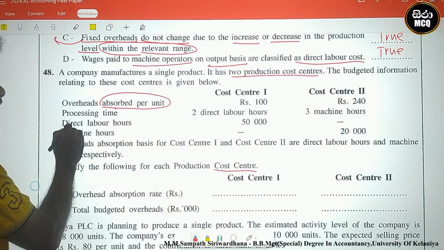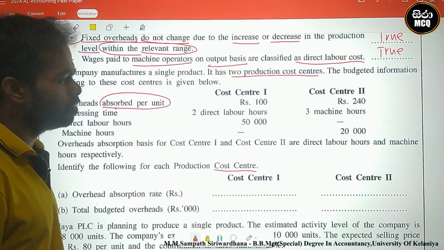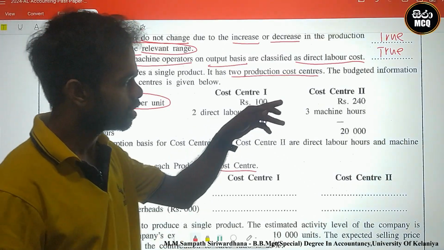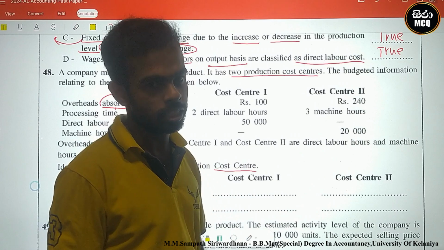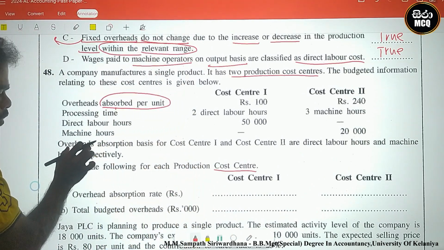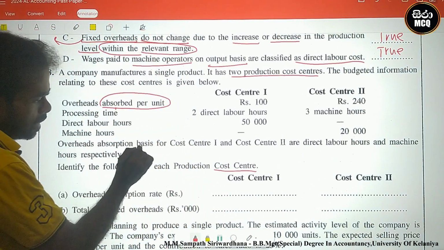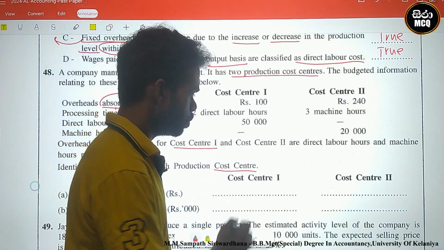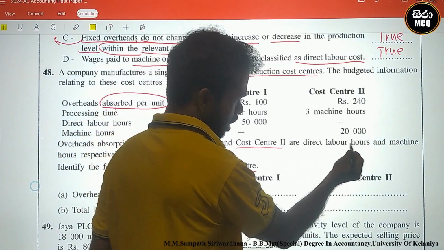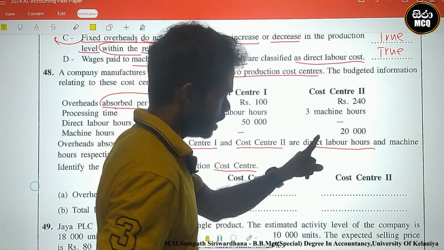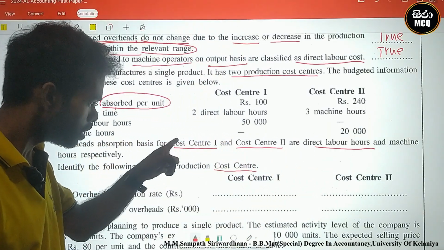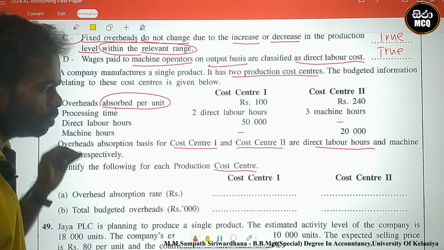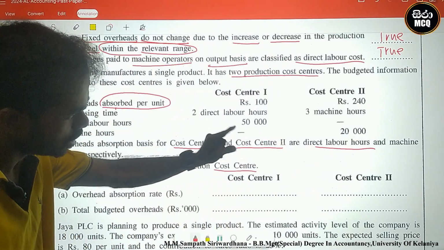Next, direct labor hours total 150,000 and machine hours for cost center 2 are 20,000. The overhead absorption basis for cost center 1 and cost center 2 are direct labor hours relating to cost center 1 and machine hours relating to cost center 2 respectively.